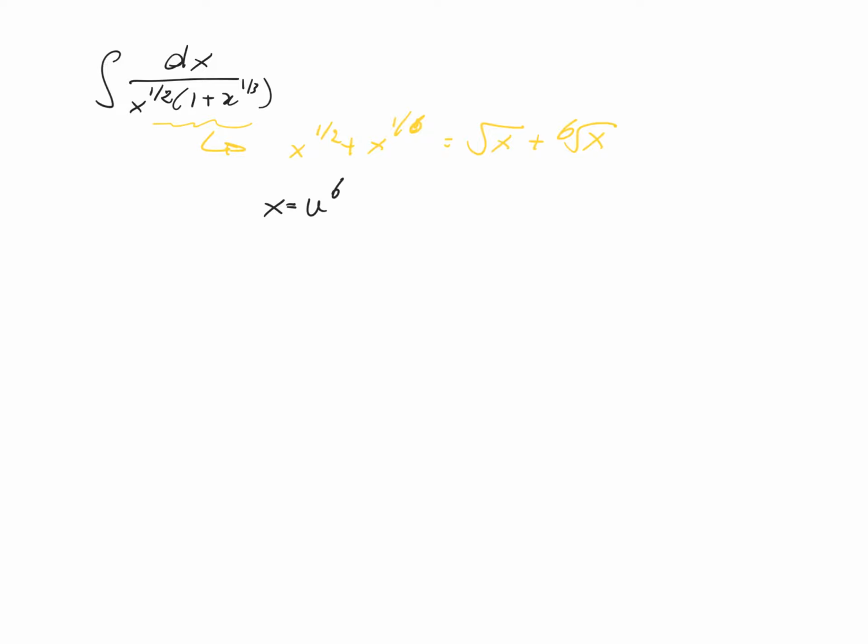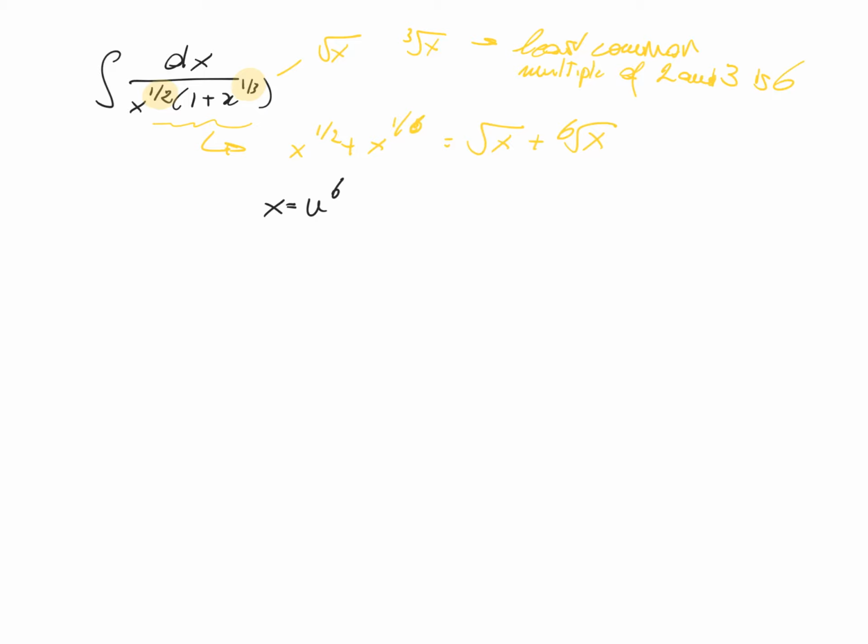So in general, how do we do it? We look at the powers here. So we look at the roots that they represent, the root of x and the third root of x, and then we take the least common multiple of those roots. So here we have the root of x. We have the third root of x. So the least common multiple of 2 and 3 is equal to 6.